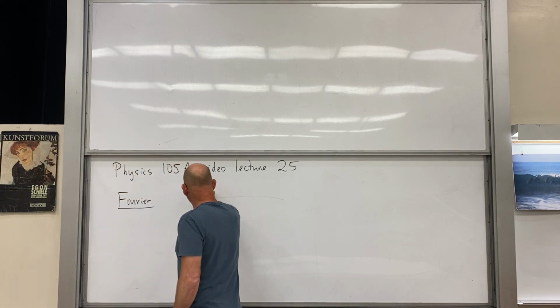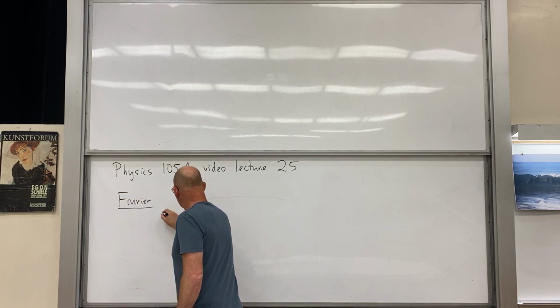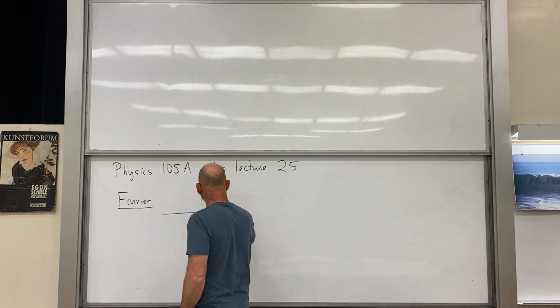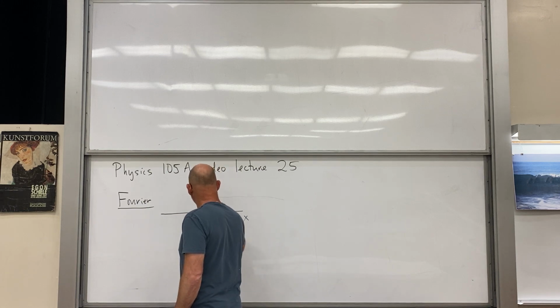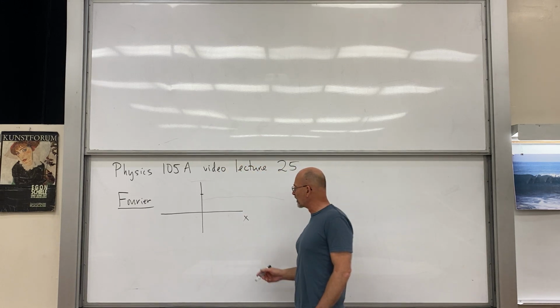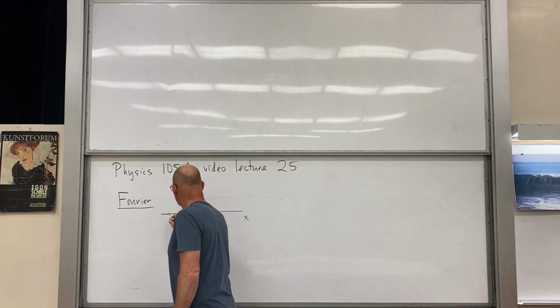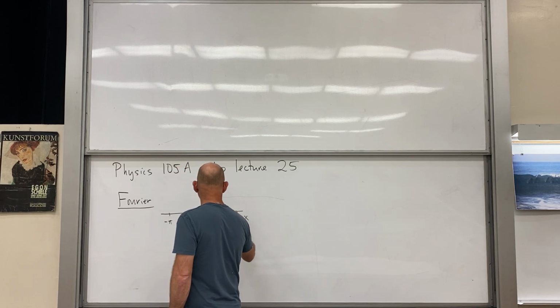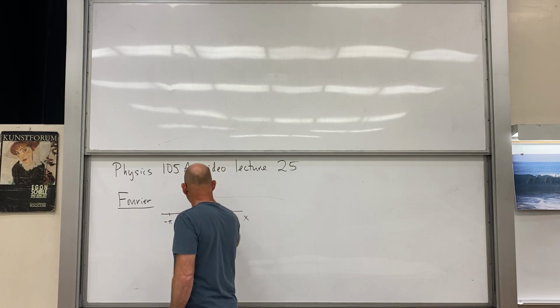So we now know that we can expand a function, and I'm going to draw the one right away that we want for the homework. So minus pi to pi, and let's let that be 1. Okay.